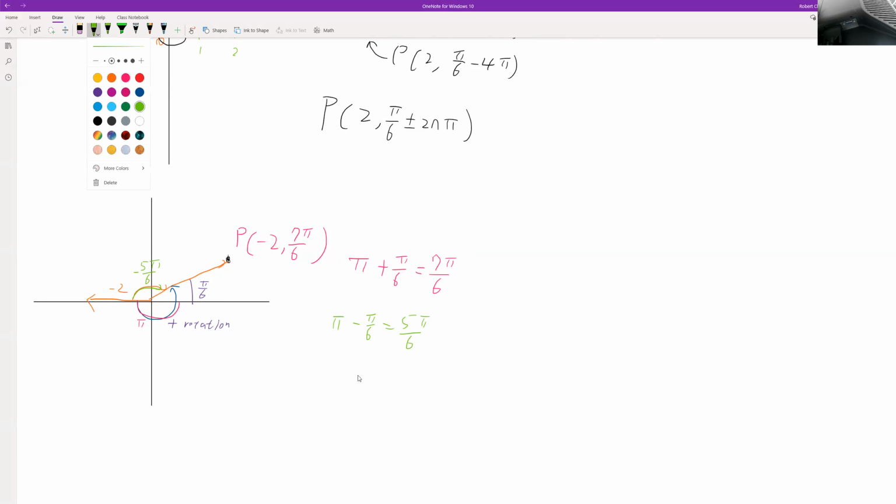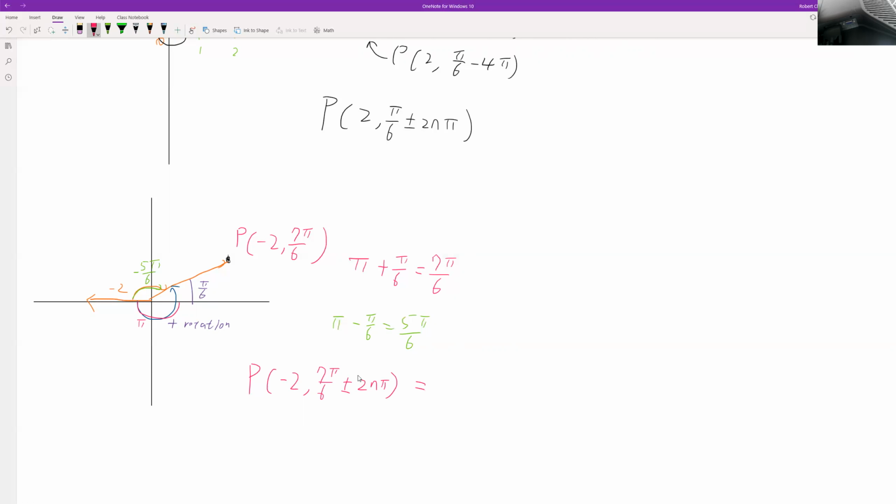So let's say I'm going to take the positive rotation, which is 7 pi over 6. So we can represent that point as negative 2, 7 pi over 6, plus or minus 2m pi. And again, the 2m pi will include all the possible full rotations that you want to do before hitting that point, before hitting 7 pi over 6.